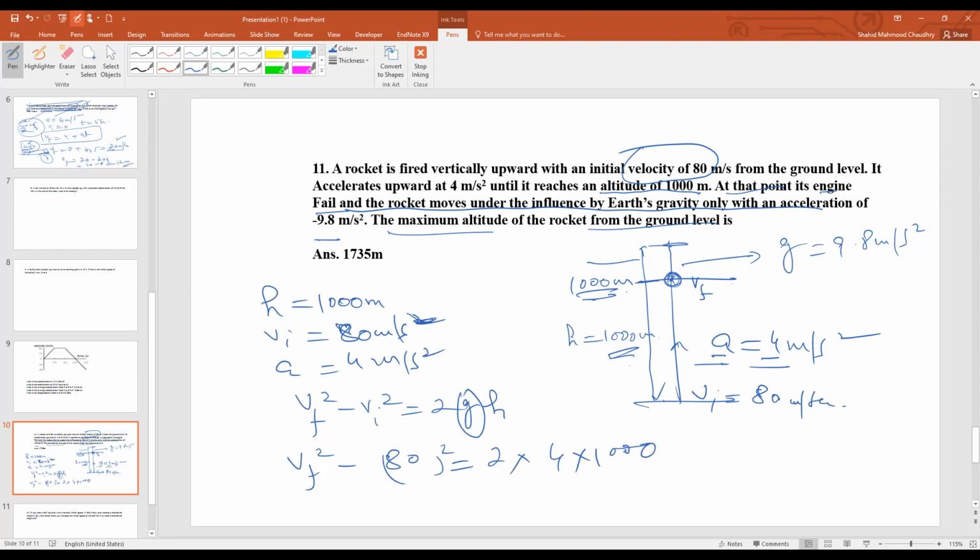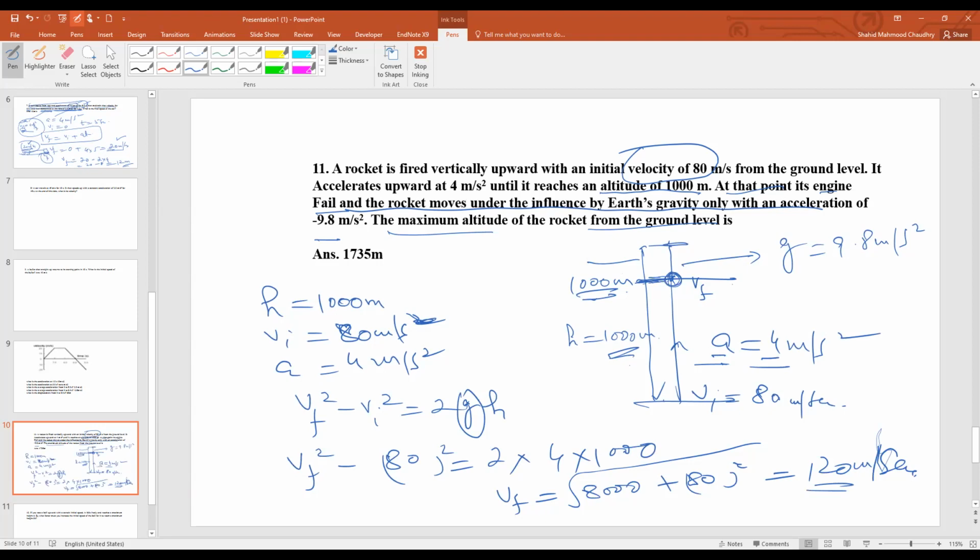So we solve this equation for Vf: the square root of 2 times 4 times 1000, which is 8000, plus 80 squared. When you solve this, your answer will be 120 meters per second. So after covering 1000 meters, its final velocity is 120 meters per second when the engine fails.